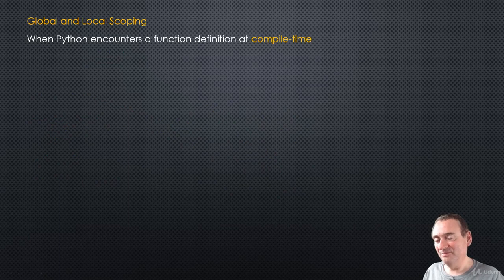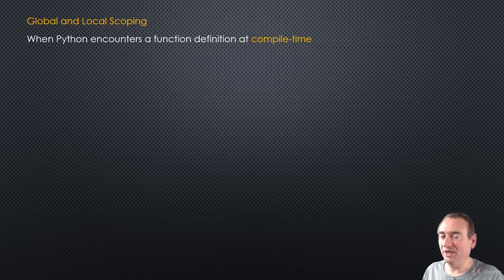So I really want to emphasize this a few times because that's really important. When Python encounters a function at compile time, not at runtime, but when it first sees that def, or that lambda, it says, oh, I've got to create a function.